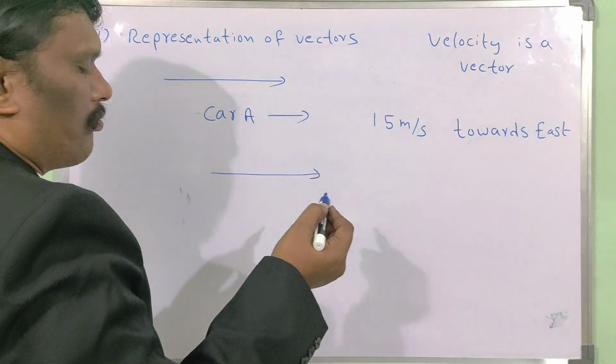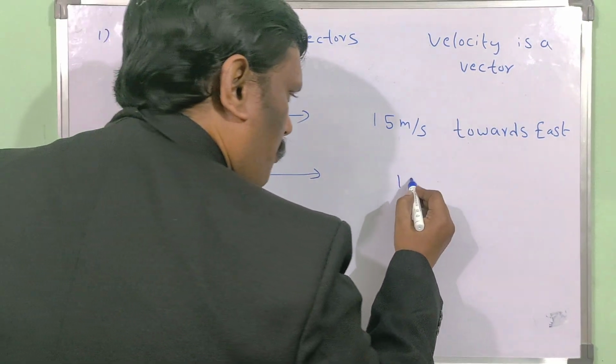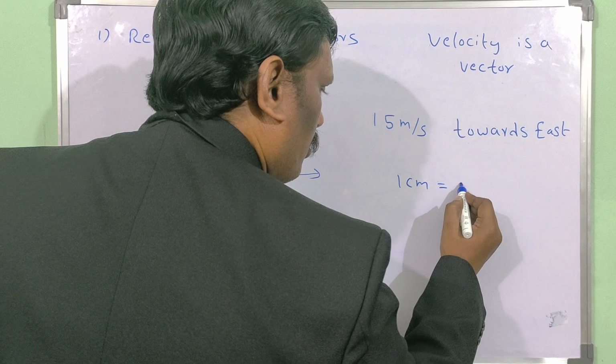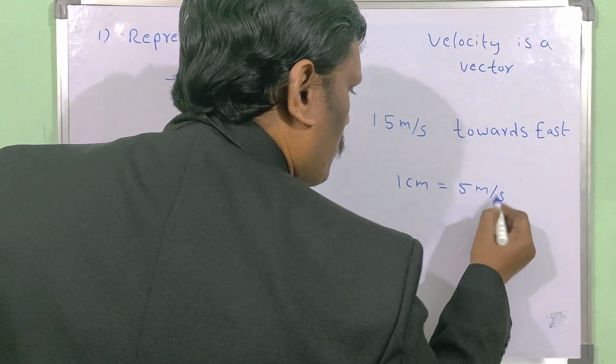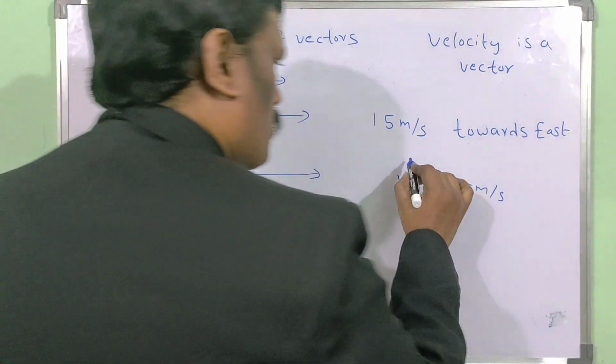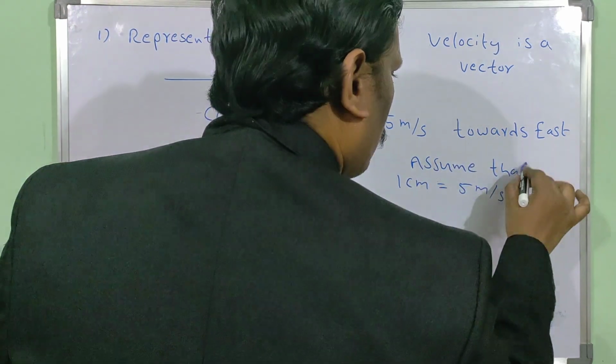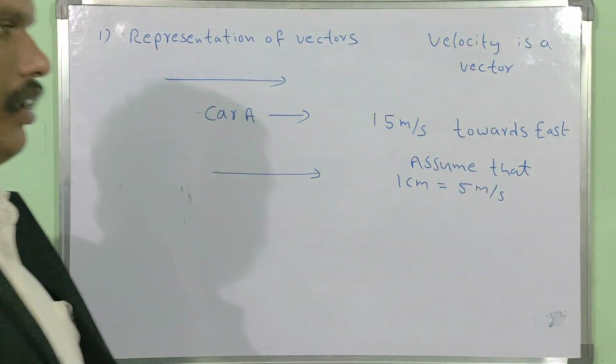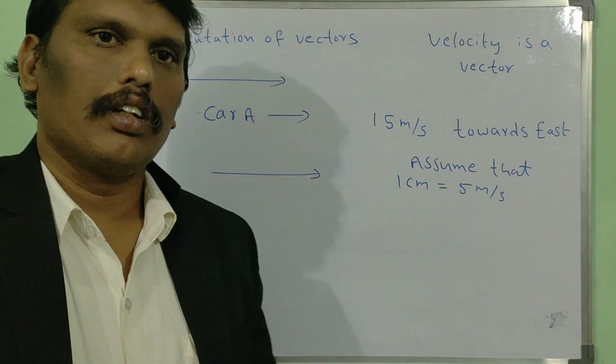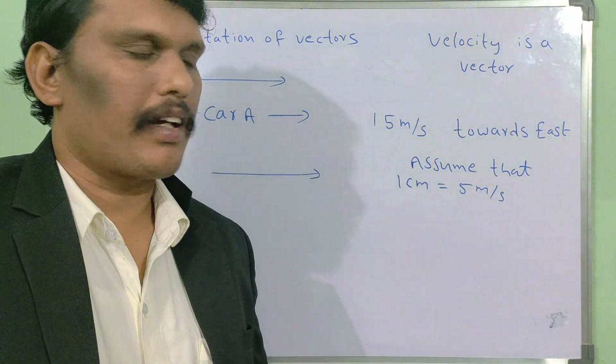I am going to assume 1 centimeter length is equal to 5 meters per second. This is my assumption. Just we are going to assume.